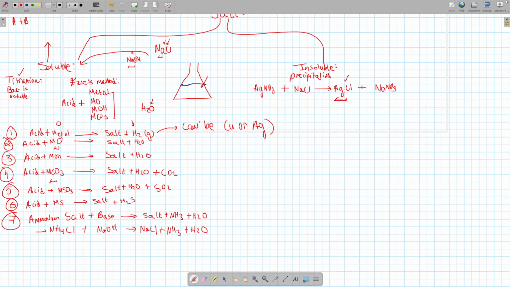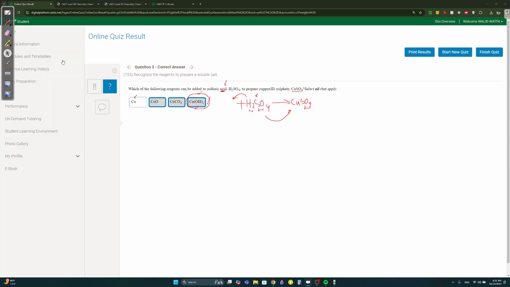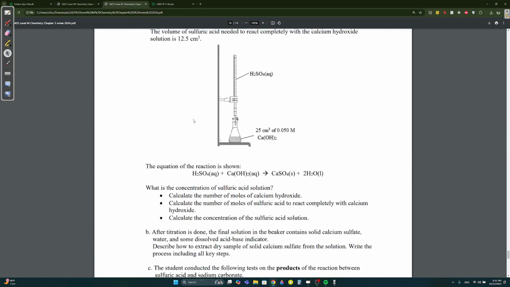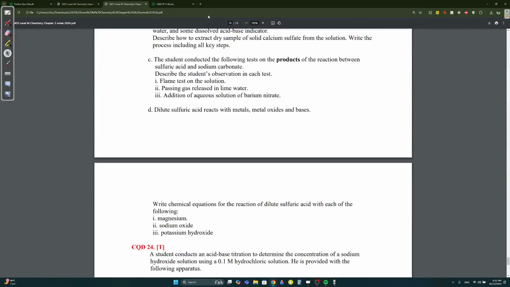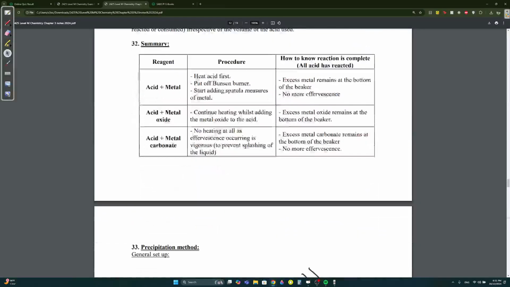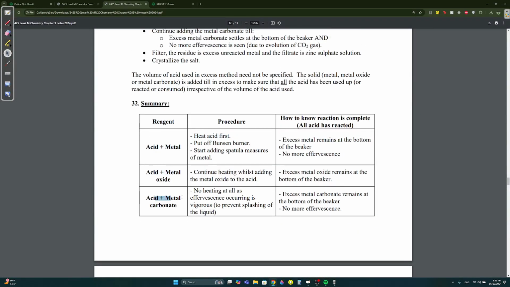Copper alone is unreactive, and so is silver. So what do you add to an acid? You can add metal oxide, metal carbonate, metal hydroxide. Remember, they were all our cases. I'm telling you, the three she's going to ask are the ones she put in the notes, and it's these three: acid metal oxide, acid metal carbonate.